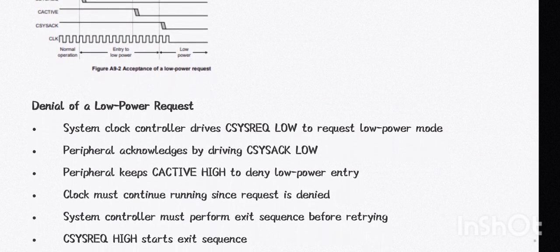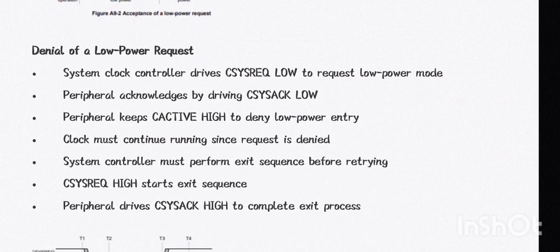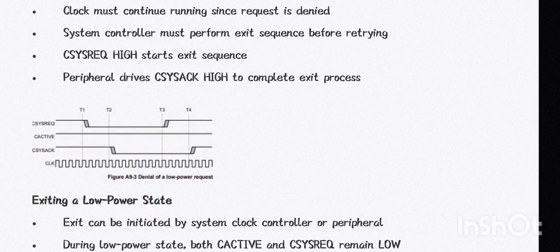Next topic is denial of a low power request. In this diagram, the system clock controller drives CSYSREQ low to request low power mode. The peripheral acknowledges by driving CSYSACK low. The peripheral keeps CACTIVE high to deny low power entry.